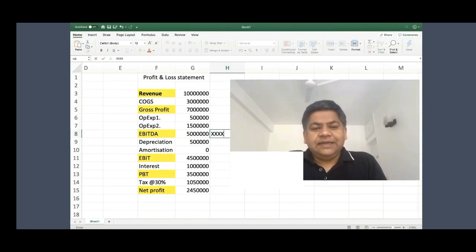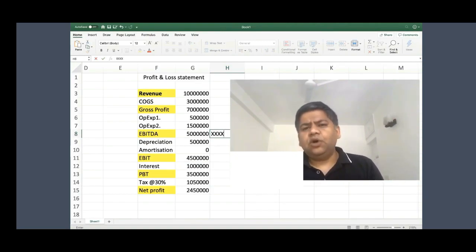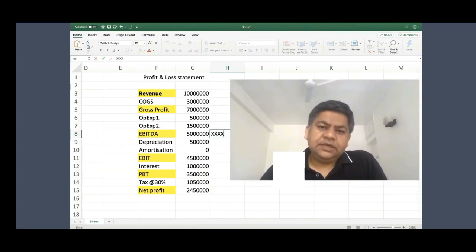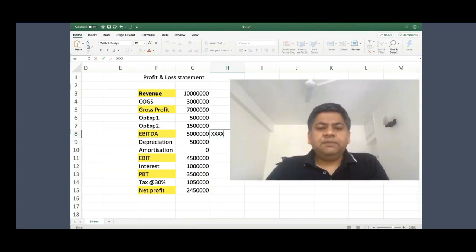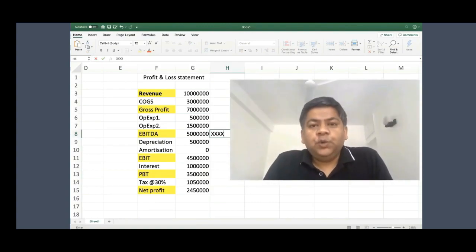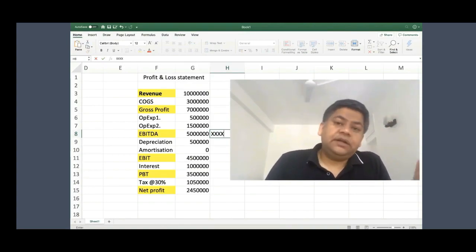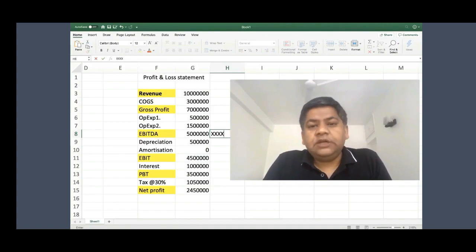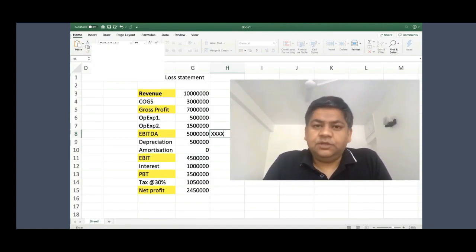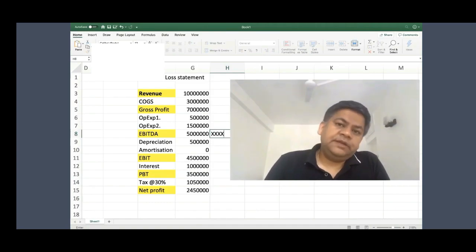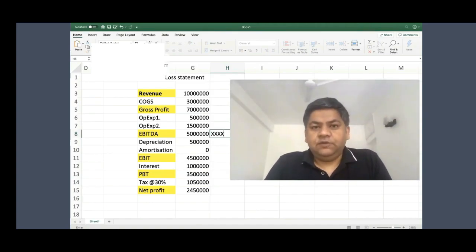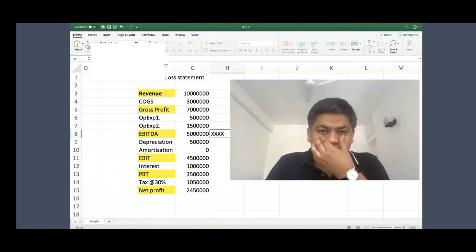amortization and interest are all different variables. Sometimes one company may have a very high interest loan, while another company does not have that high interest loan, right? This is possible. Some people get cheaper loans, some people get expensive loans. A company which is very established, in comparison with a new company, will get a cheaper loan for sure.